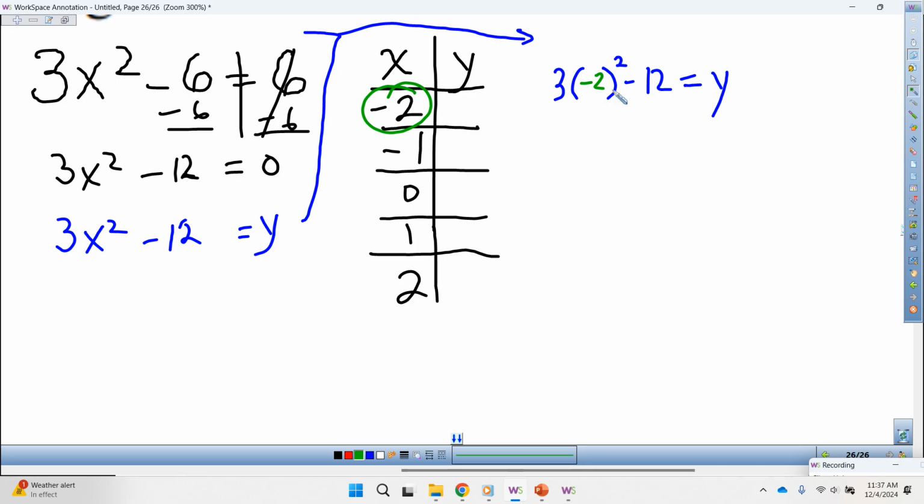Following the order of operations, here we go. 3 times, what is negative 2 squared? 4 minus 12 equals y. So what is 3 times 4? 12 minus 12 equals y, which means 0 equals y, so that goes right there.